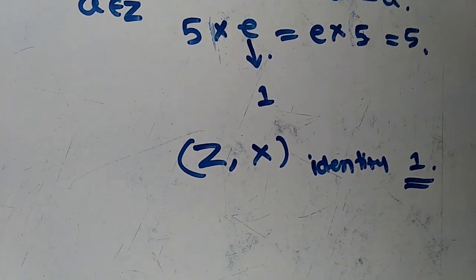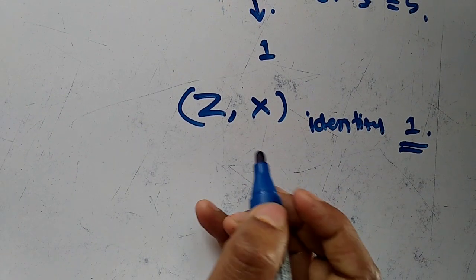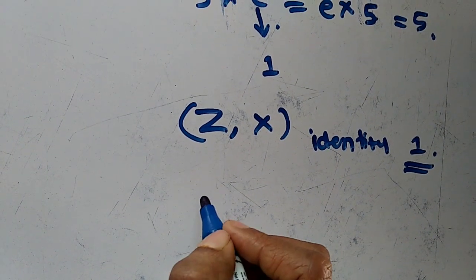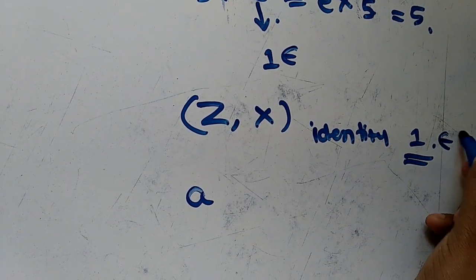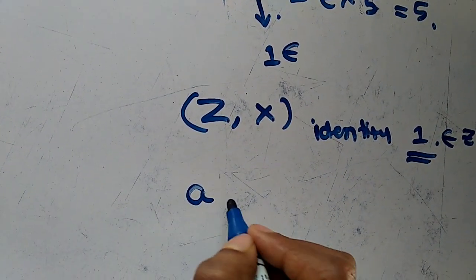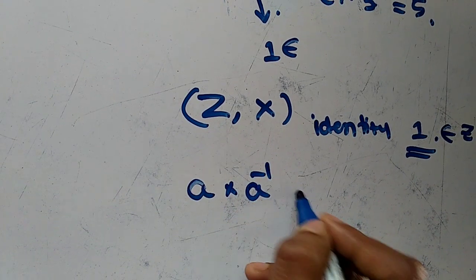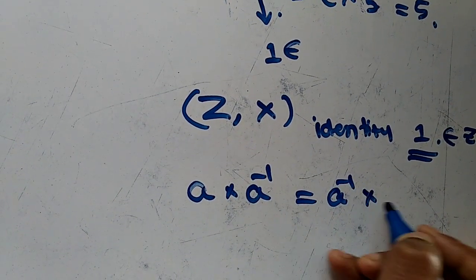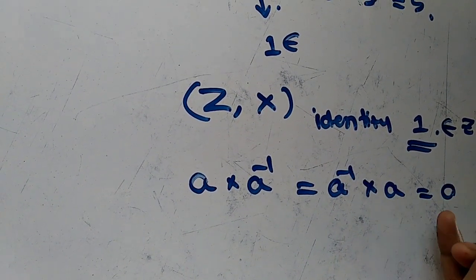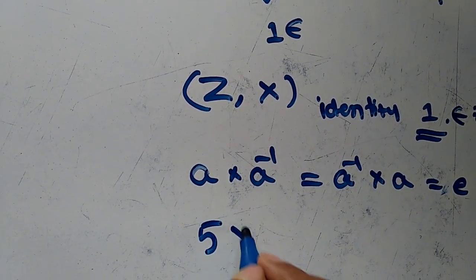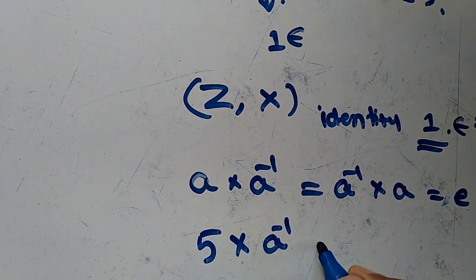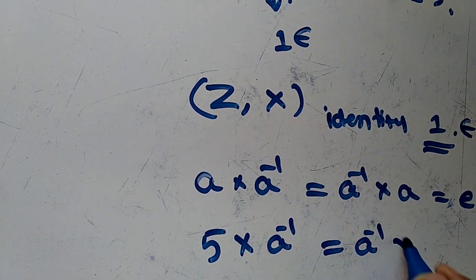Okay, so now three conditions are satisfied and the fourth one is inverse. This inverse should also belong to Z. So A star A inverse and A inverse star A should give you E. If I take 5, and I don't know A inverse, so just keep it as it is.